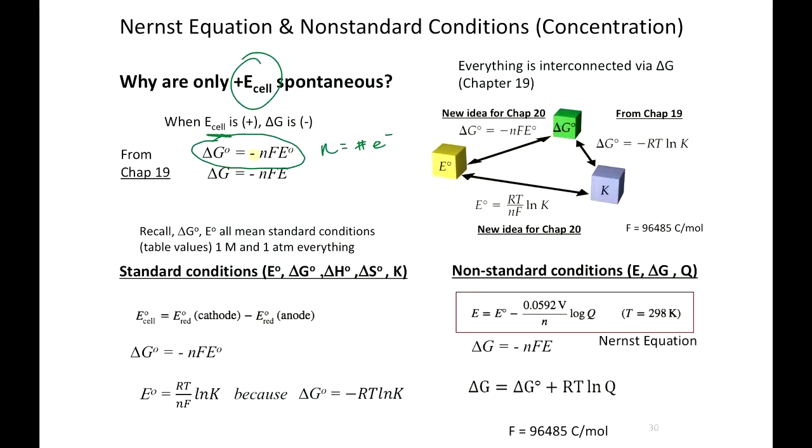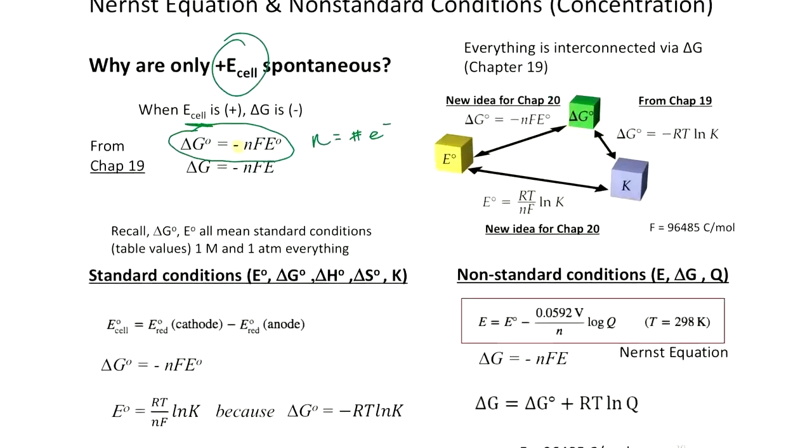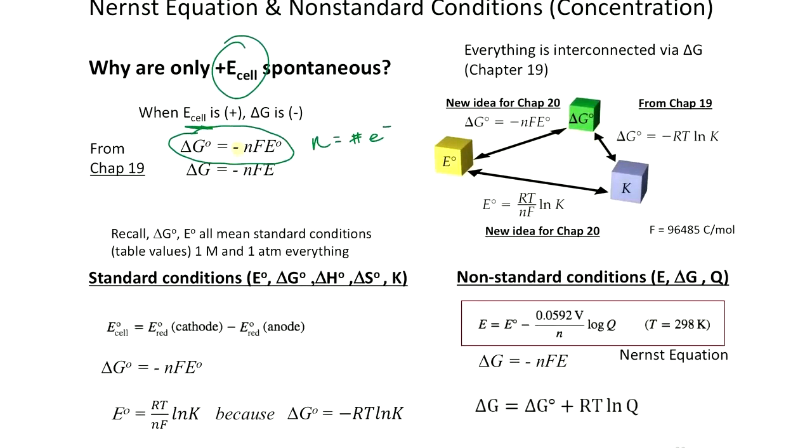Everything is interconnected via delta G. In the last chapter, we talked about delta G, the Gibbs free energy of a reaction, being related to its equilibrium constant: delta G equals negative RT ln K. The new idea for this chapter is that E is related to delta G to predict spontaneity.